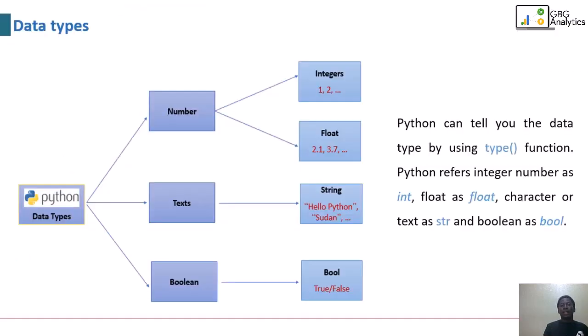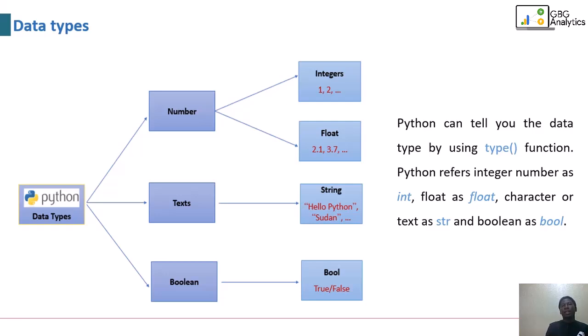Let's revise what we were able to learn in this class. In the last session, we understood that we have different data types in Python. For example, an integer, a float, a string, and a boolean. An integer is a number without decimal places, while a float is a number with decimal places.